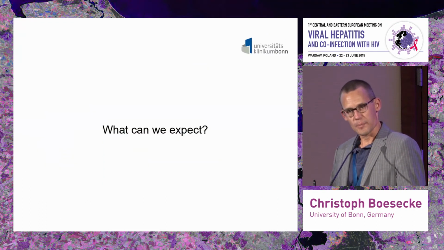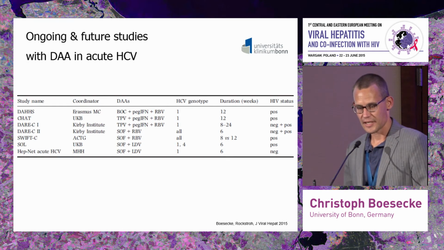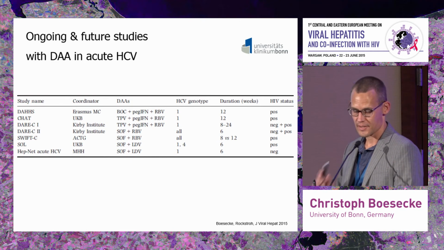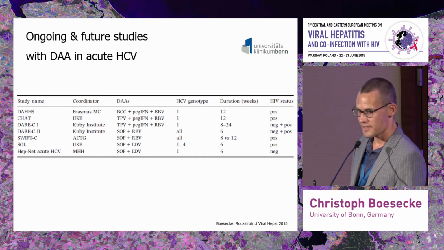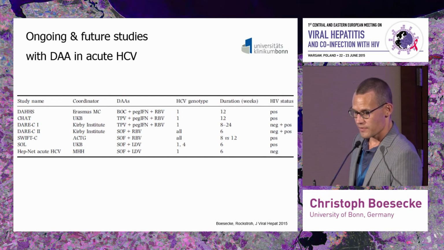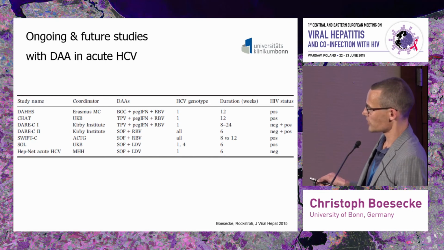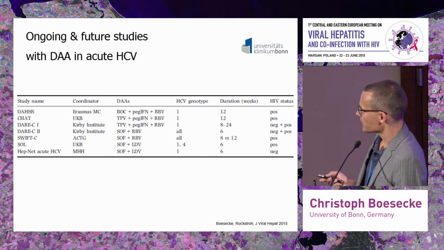So what can we expect in terms of interferon-free regimens for the acute hepatitis C setting? We've tried to compile a table listing the trials we are currently aware of that are assessing DAAs in the acute HCV setting, mono or co-infected patients. I've just shown you data from the Netherlands cohort. We will shortly see some data from our own cohort in Bonn.